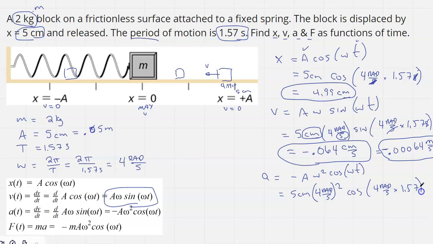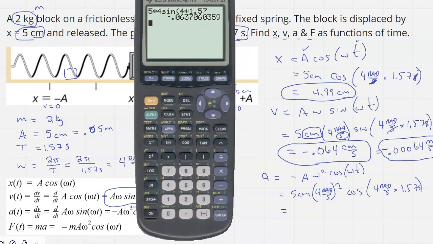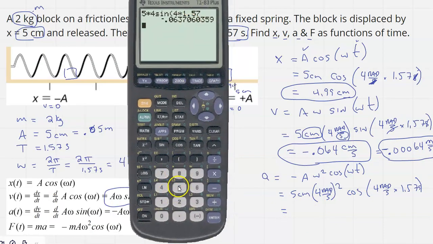What is the acceleration on that mass? How fast is it speeding up? Plug in the numbers, find out. I got 5 times 4 squared times the cosine of 4 times 1.57. And that's 79.9. I'm going to just put 80 centimeters per second.